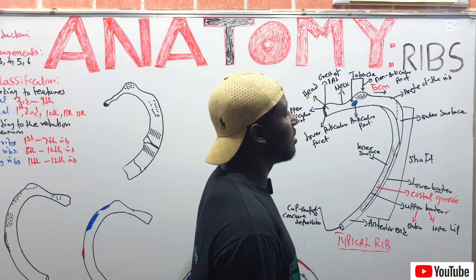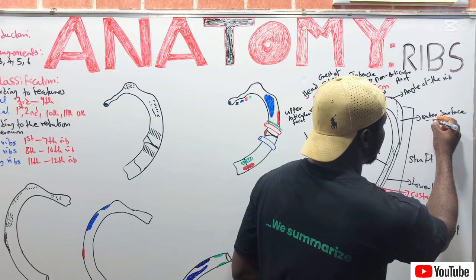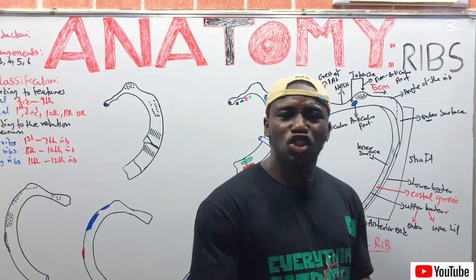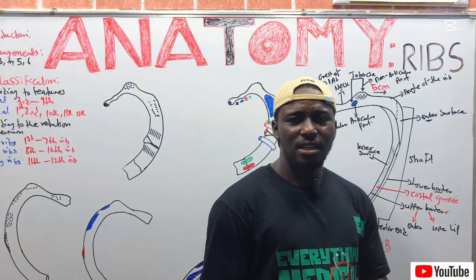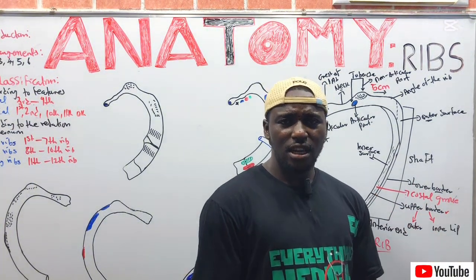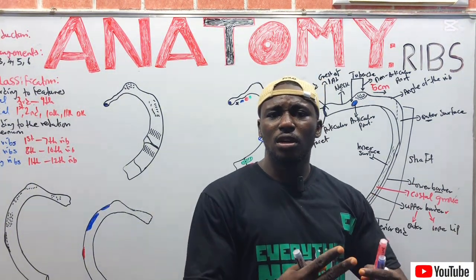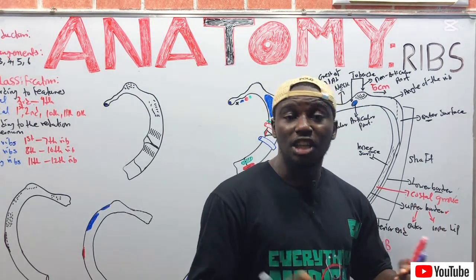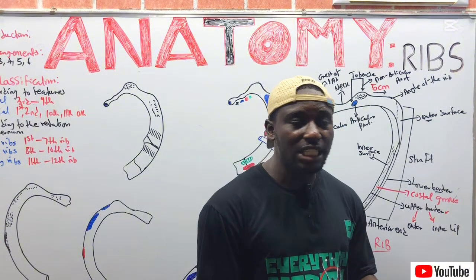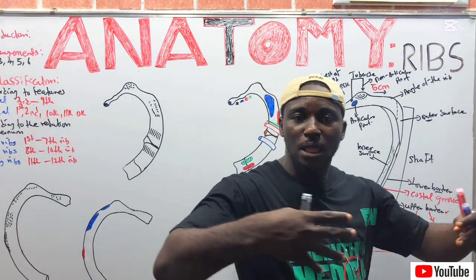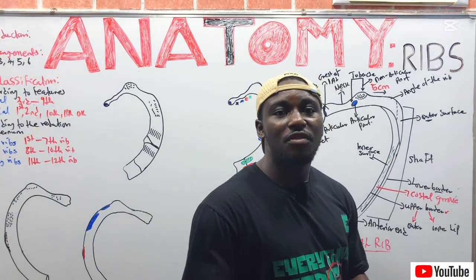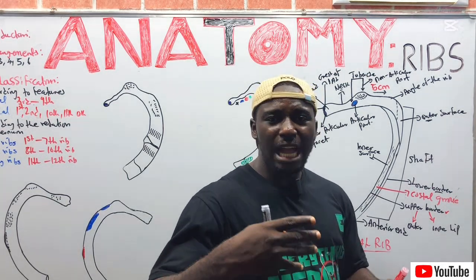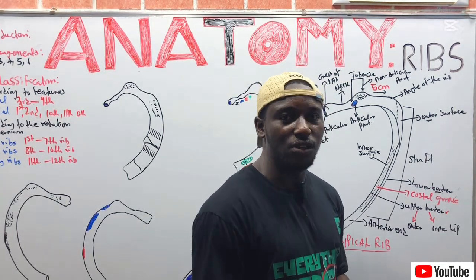Now, let's quickly look at the outer surface. The outer surface is smooth and convex, or arched, because an arched surface is a convex surface. It is divided into two angles, the anterior angle and the posterior angle.